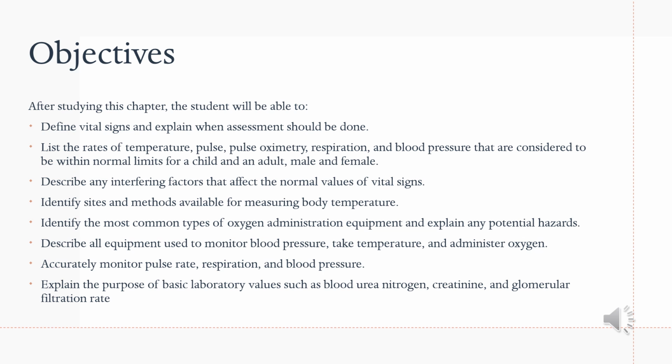for a child and an adult male and female, describe any interfering factors that affect the normal values of vital signs, identify sites and methods available for measuring body temperature, identify the most common types of oxygen administration equipment and explain any potential hazards, describe all equipment used to monitor blood pressure, take temperature, and administer oxygen, accurately monitor pulse rate, respiration, and blood pressure, and explain the purpose of basic laboratory values such as blood urea nitrogen, creatinine, and glomerular filtration rate, also known as GFR.